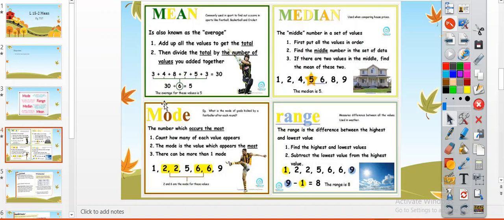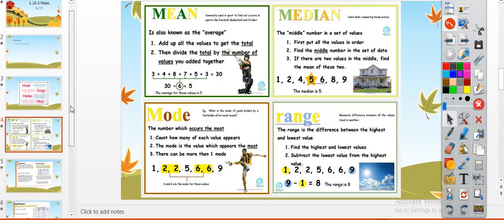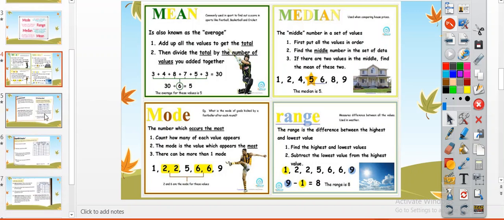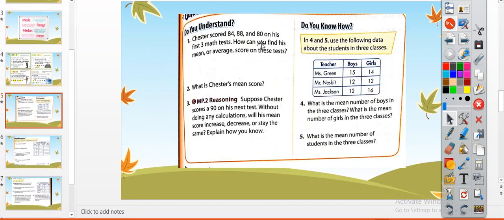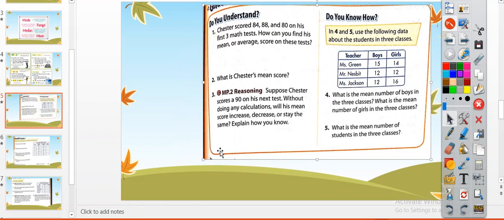You will divide 30 by 6. You will have 5. So the 5 is called the average, or it's called the mean. This is for today's lesson. Others are going to be covered in the next lesson, inshallah.